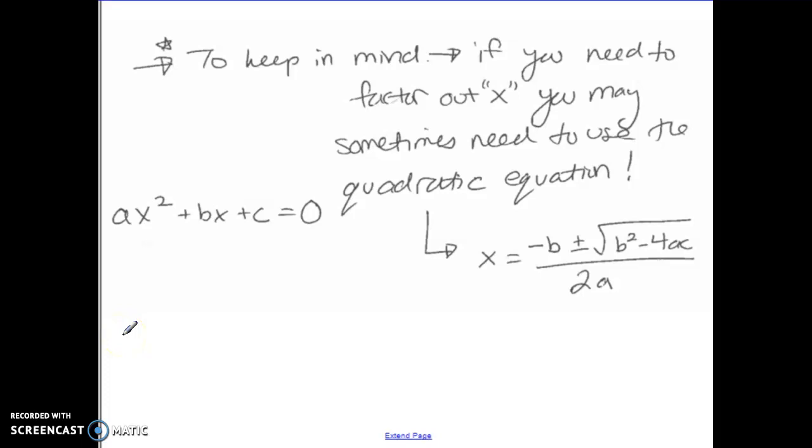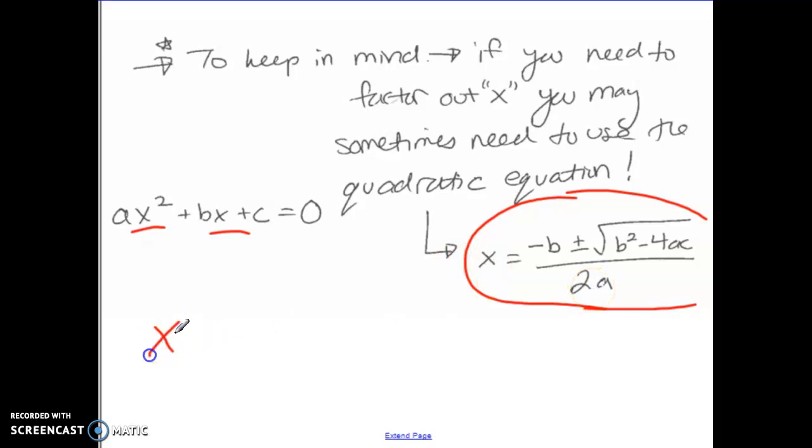So even if you have an X squared and an X, that doesn't mean you can't solve for X. Of course you can. You're using the quadratic equation. When you're doing quadratics, if you remember anything from math, typically you end up with 2 X values. You get 2 answers.